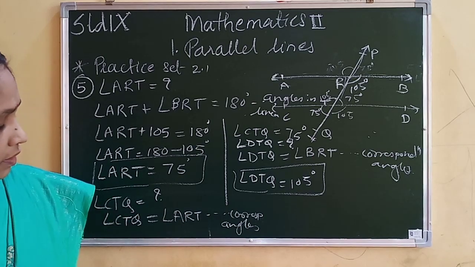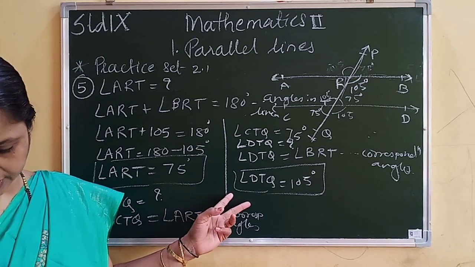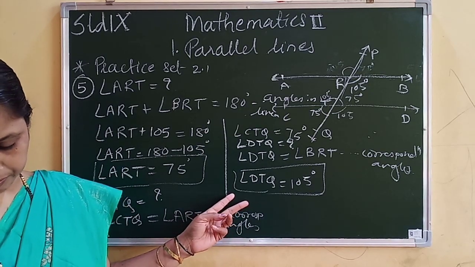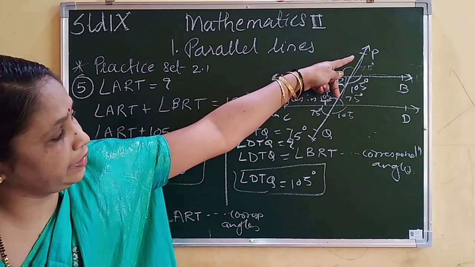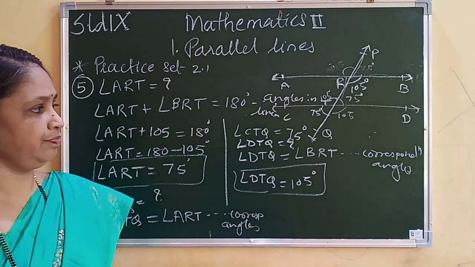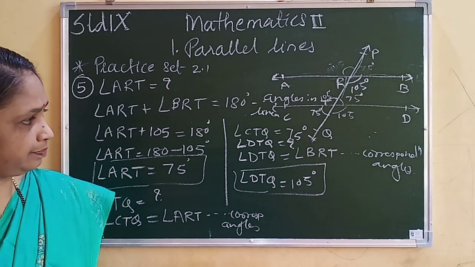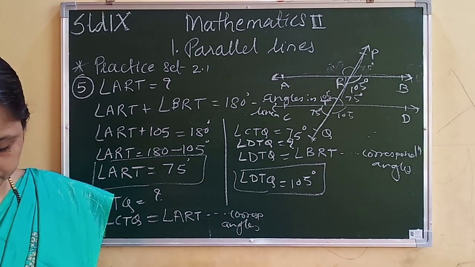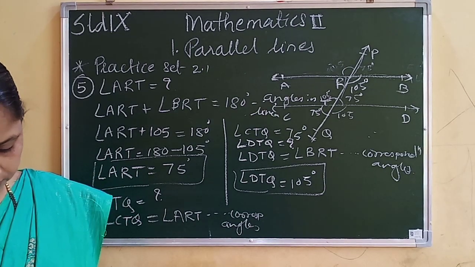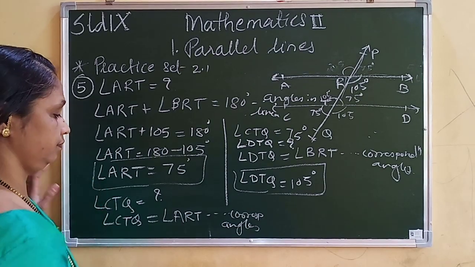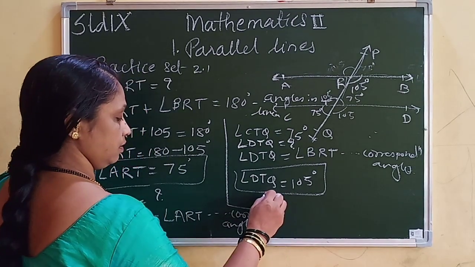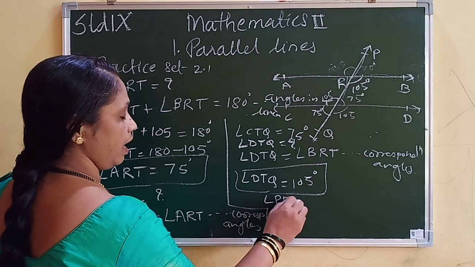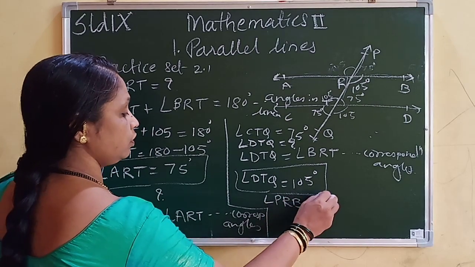Now next we have to find angle PRB. Angle PRB is equal to question mark.